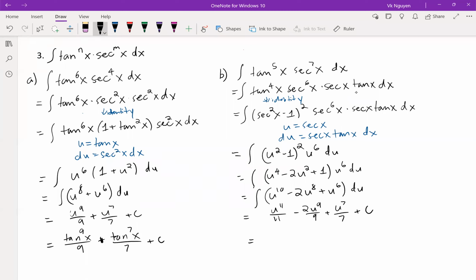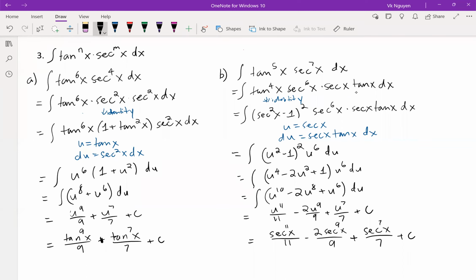Do the back sub and we have secant x to the power 11 over 11 minus 2 secant x to the power 9 over 9 plus secant x to the power 7 over 7 plus c. Ta-da!